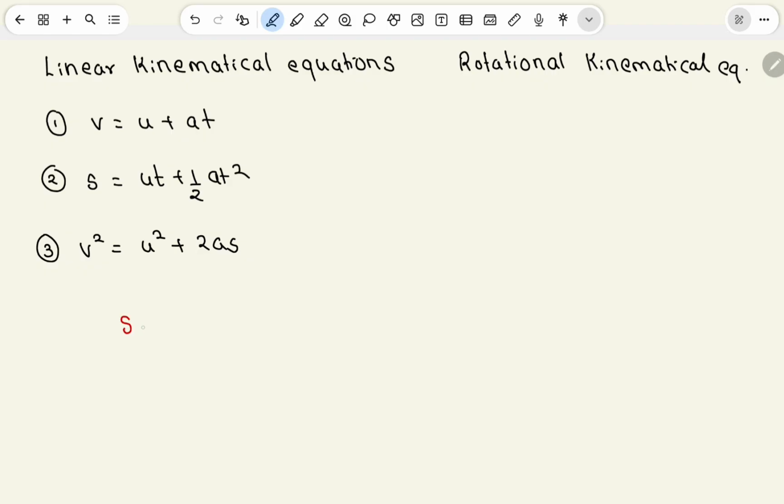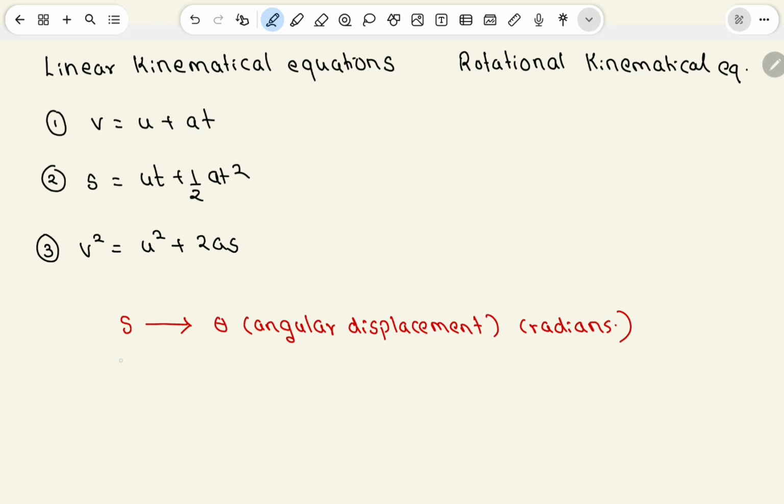So in linear motion we have S as the displacement. In the rotational motion we have theta as the displacement, and it is called as angular displacement. It is measured in radians.